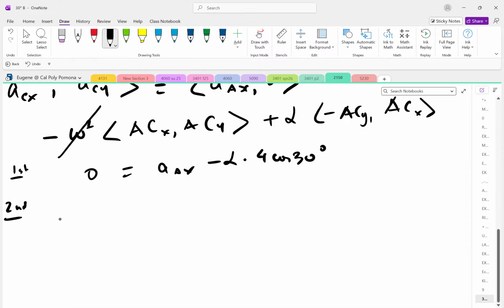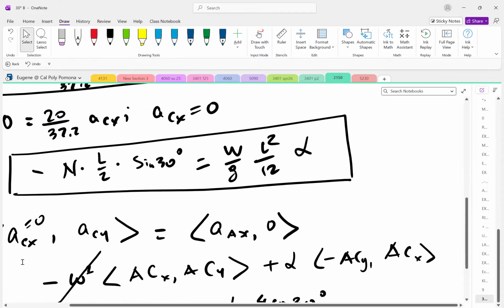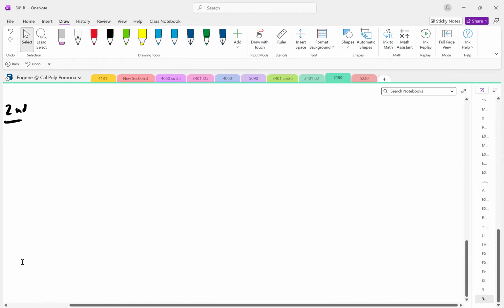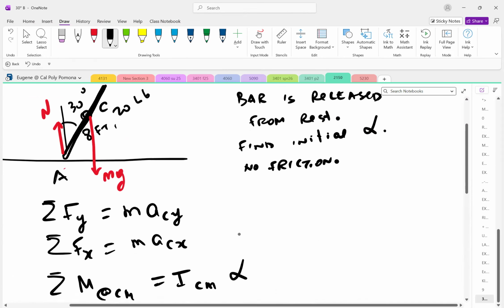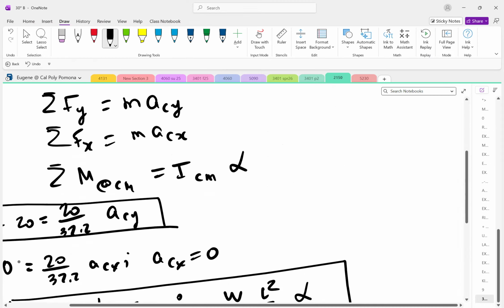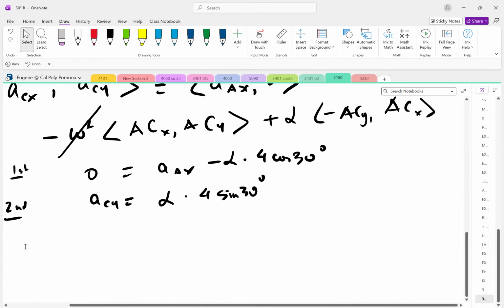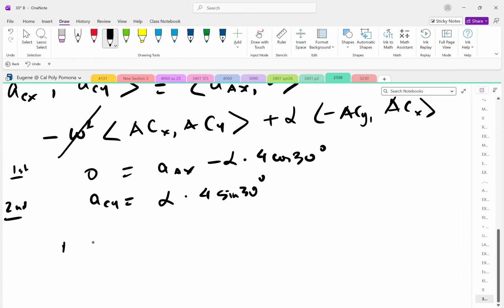The second equation will be a_Cy equals 0, plus alpha times a_Cx, and that's going to be 4 sine 30. Let's just double check if the sign is correct. Yes. And we'll finish it out next time.